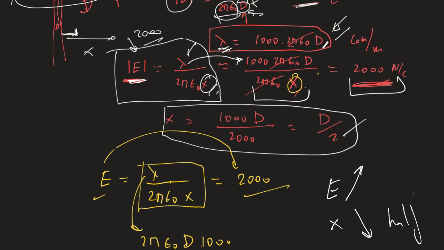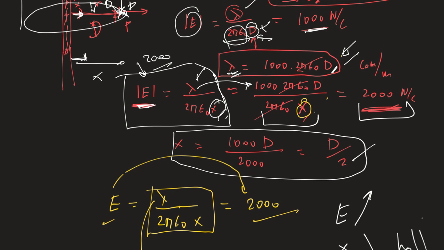This only happens in this kind of electric field, where the dependence on the distance is 1/x, not 1/x squared. In a normal electric field produced by a point charge, this does not happen at all, as we have seen many, many times. So the problem is solved, and I hope you can understand this question.